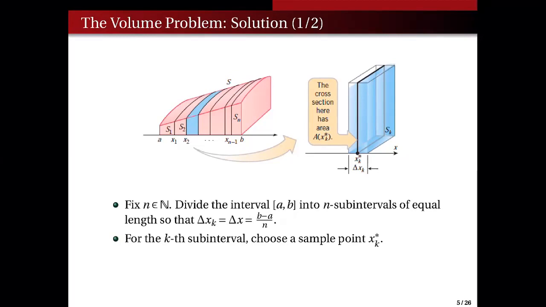So this guy here is the cross section. You would know the length and the height of this cross section. Then you construct the rectangular box with the same length and height as this cross section, and the width or thickness of your rectangular box will be delta x sub k.